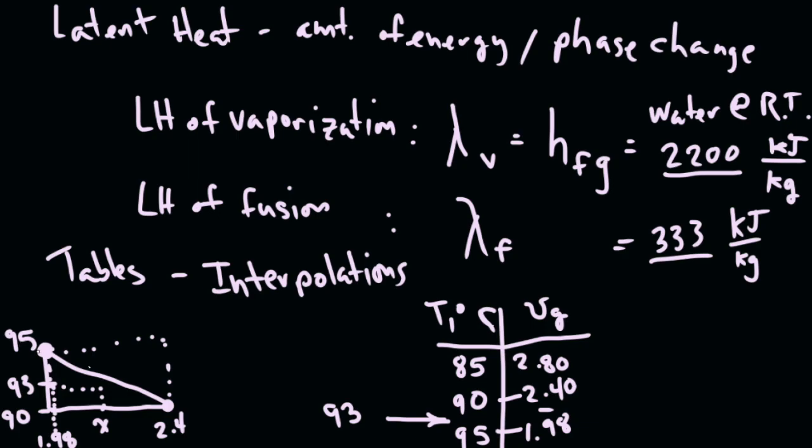There's a point there at 93. We don't know what it is, so we're going to call that x. Then we do a similarity triangle assessment.